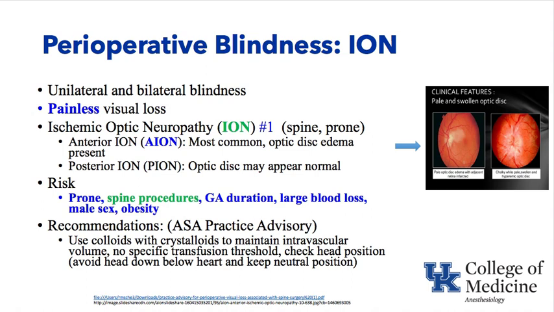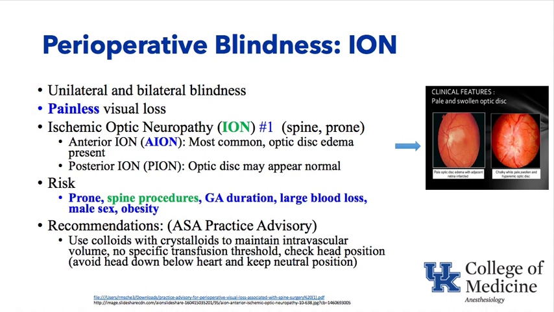If it's right near the back of the eye, and you can actually see changes in the optic disc with edema present, that would be anterior ischemia. If it's farther back on the nerve and you can't see any changes in the disc, that's probably posterior ischemic optic neuropathy. The risk of ION increases with prone procedures, spine, general anesthesia of long duration, large blood loss, male sex, and obesity.